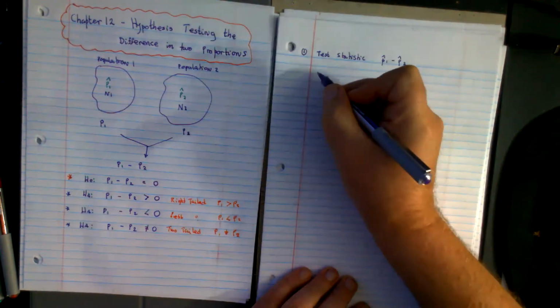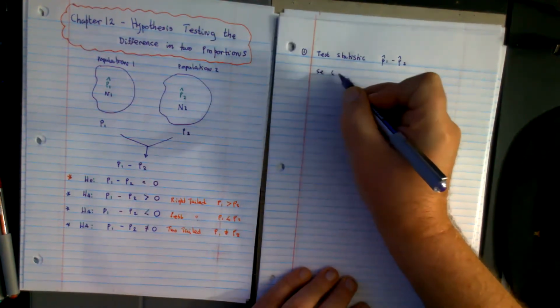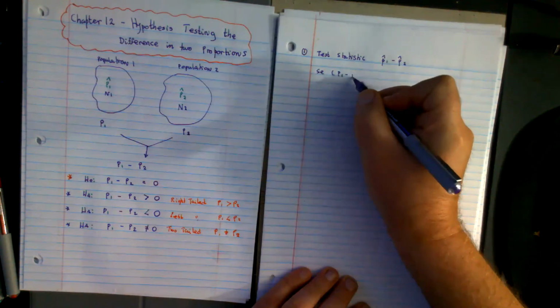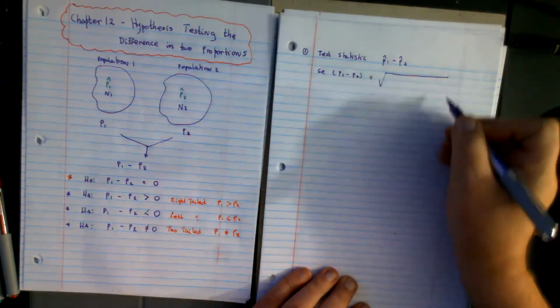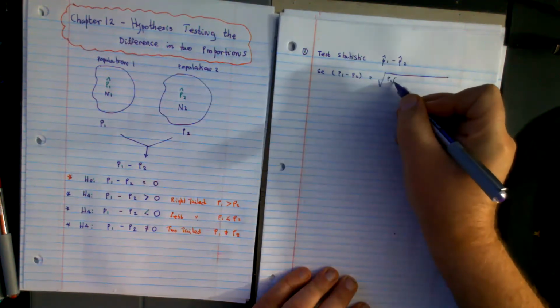Now we're going to find the standard error for the difference between these 2. And the formula, you may recollect it, will look something like this.